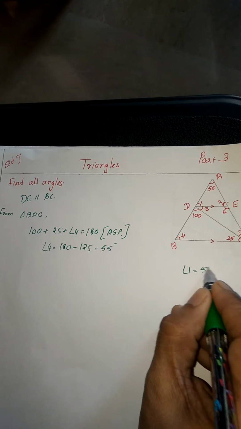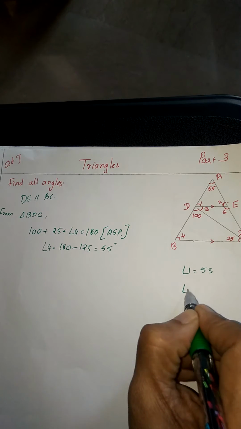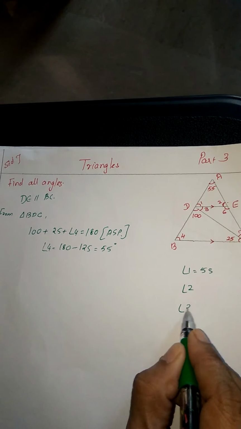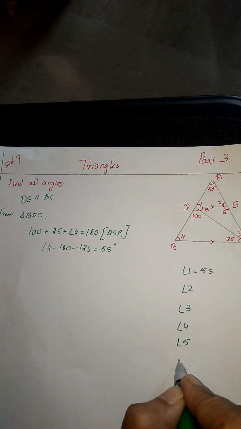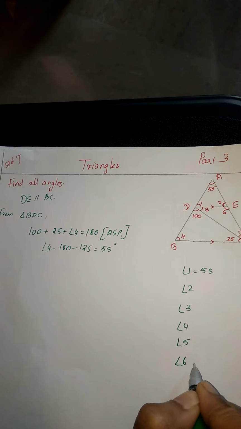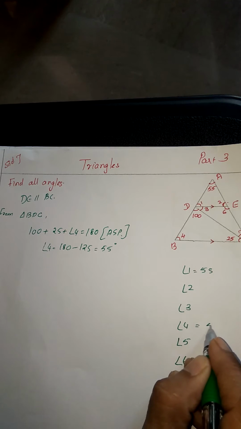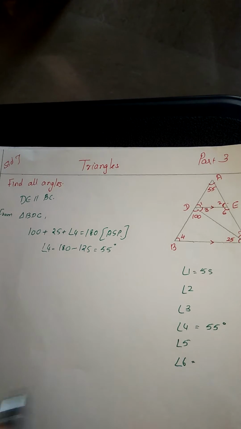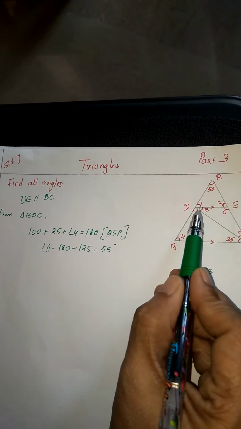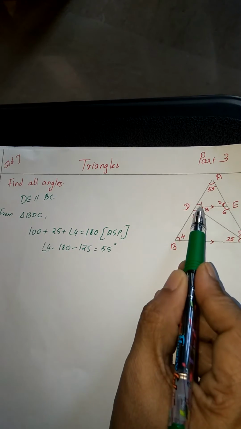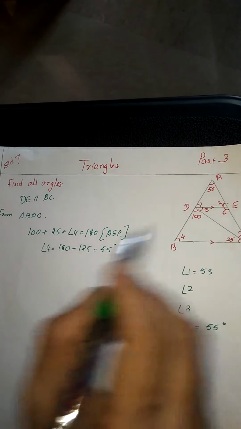Angle 4 is equal to 55 degrees. Now if you see, angle 1 and angle 4 are corresponding angles because DE is parallel to BC.